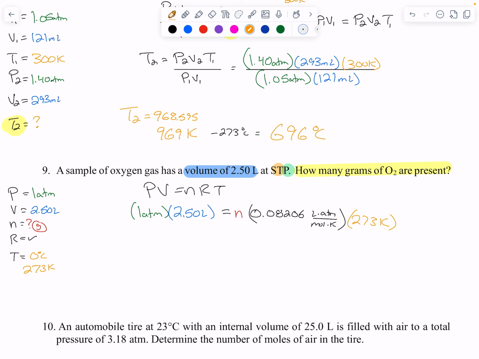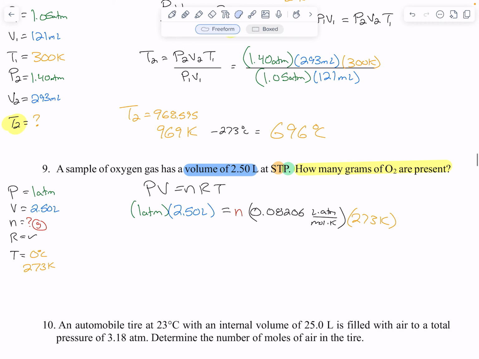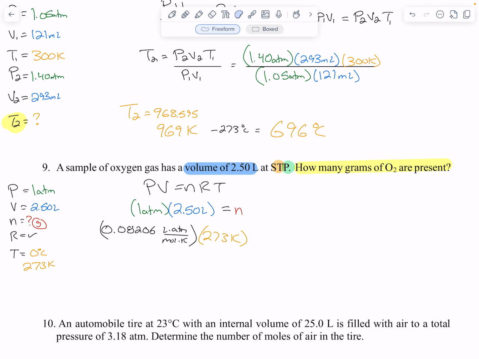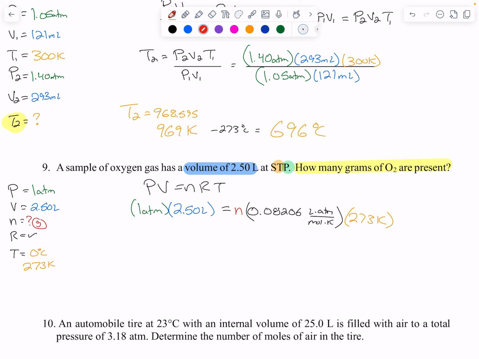All right. I'll be honest with you, I would have had these numbers over here and divided, but we're not doing that yet. Okay. And so I do the math. n would equal what here? I do the math, I get 0.111595.